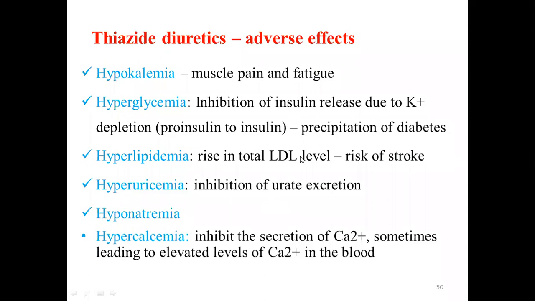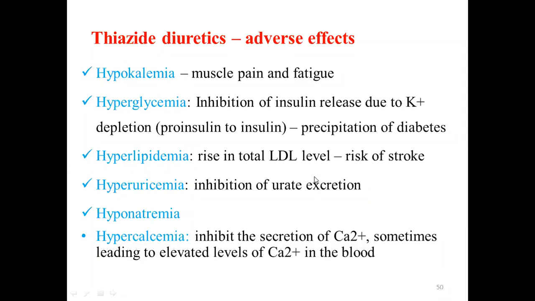It's the low density lipoprotein, which is the bad cholesterol. Why is it called bad cholesterol? Because it occupies the blood vessels. Okay, good.